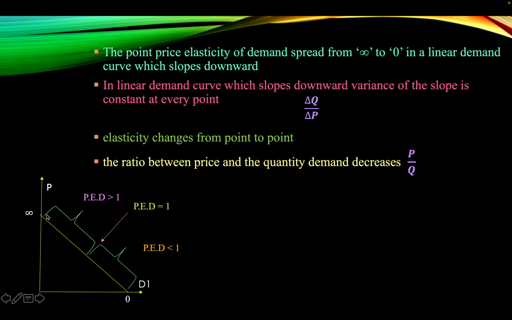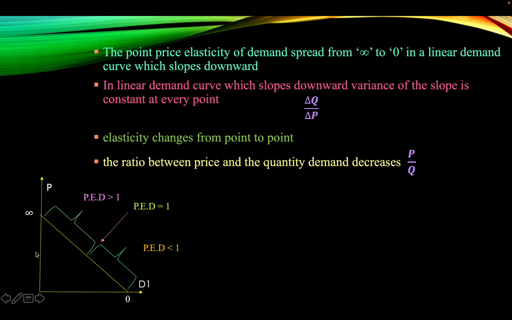So you can see here in a linear demand curve, this point, where it intersects the quantity axis, the price elasticity is 0, perfectly inelastic demand. This is the midpoint, where price elasticity of demand is equal to 1, that means unitary elastic demand. From there to 0, you can see it is less than 1, that means inelastic demand.